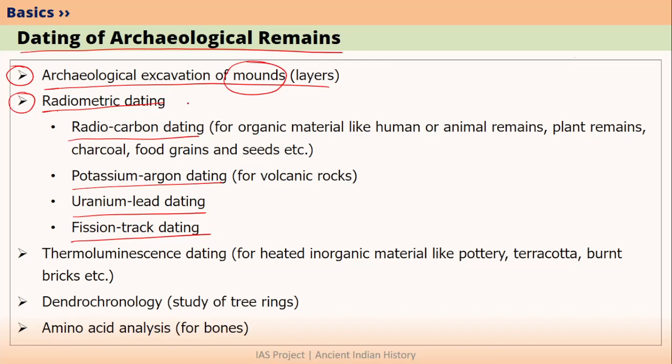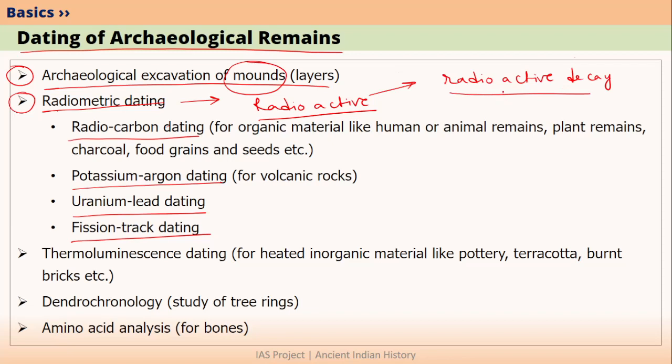Radiometric dating generally involves the use of radioactive materials. All materials like rocks and even plants and animals have a certain amount of radioactive materials in them. Radioactive materials have a natural property called radioactive decay. I hope you studied this in the science and technology syllabus, but I will explain it very briefly.